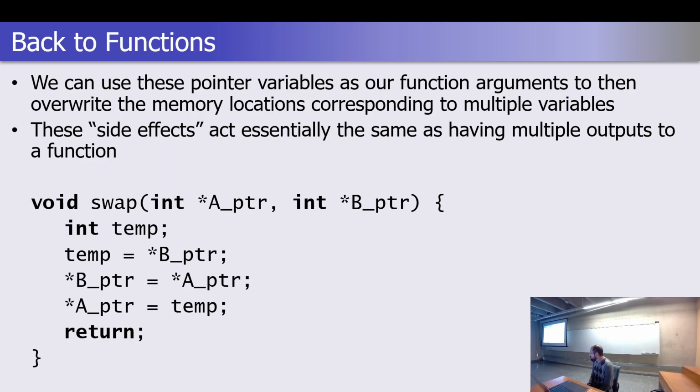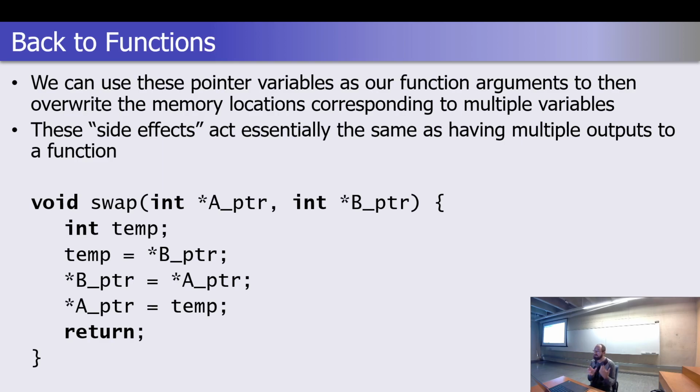So you can use these pointer variables as inputs or arguments to your function to not really even return anything from the function, but just update multiple things in memory that give you the same effect as having returned multiple variables from that function. You're going to call a function, and it's going to update potentially one or multiple locations in memory based on this pointer syntax, and that can then correspond to multiple variables in the caller function being updated.